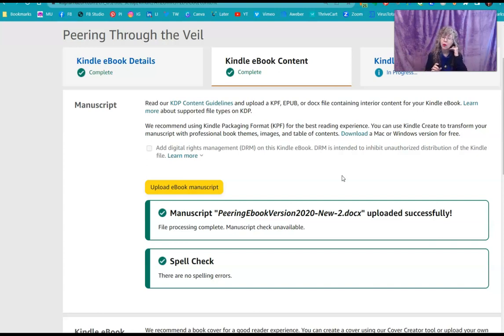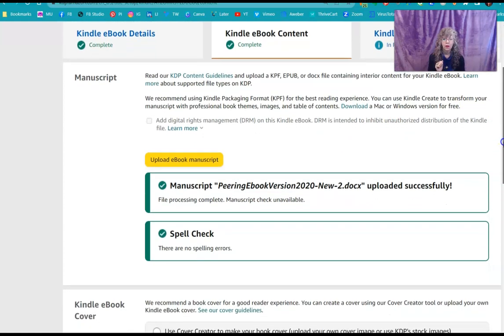Like all of it seems to work better when I use a PDF to upload. But for Kindle, they don't care. Their translator that puts it into the format they need can take that doc file, convert it, and put it into the format you need.